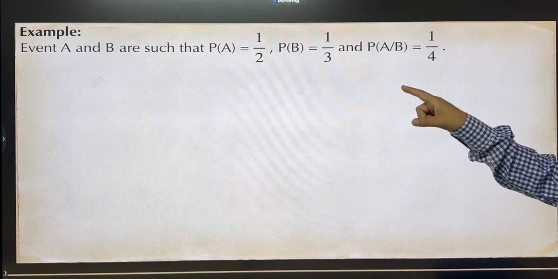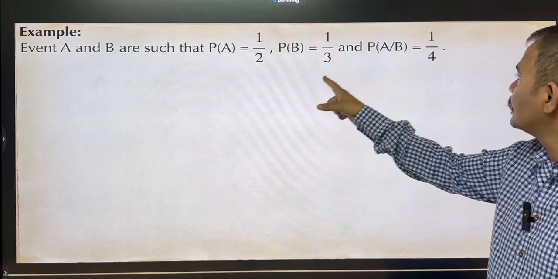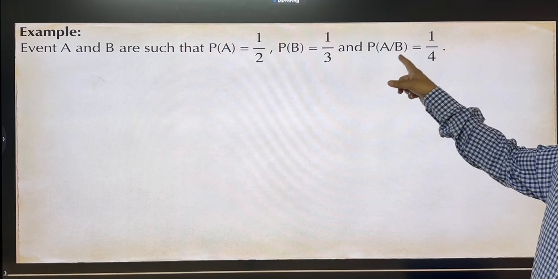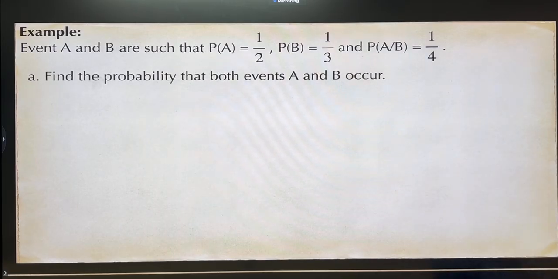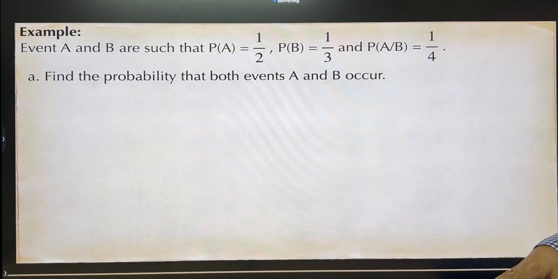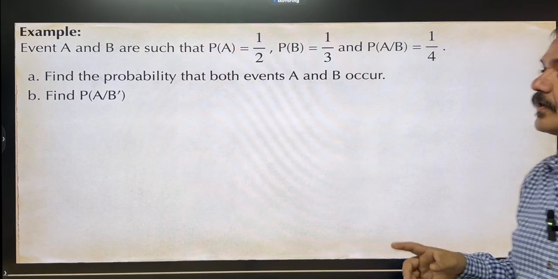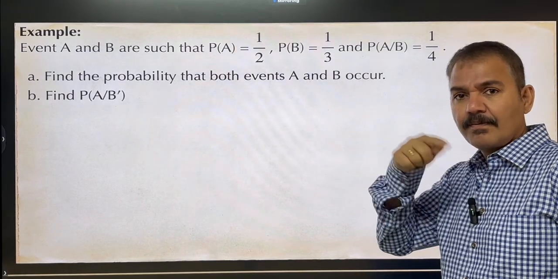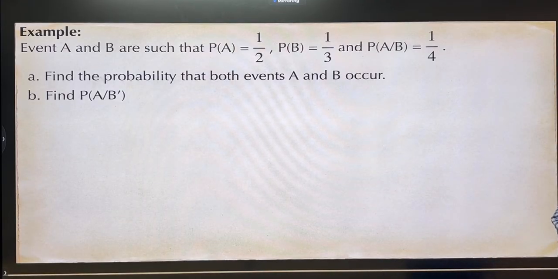Events A and B are such that probability of A is this, probability of B is this, and probability of A given that B has happened is 1 upon 4. Part a is to find the probability that both events A and B occur, that is A intersection B, and part b is to find A given B prime. So how do we do this? Let's start.